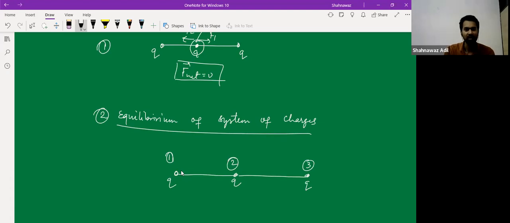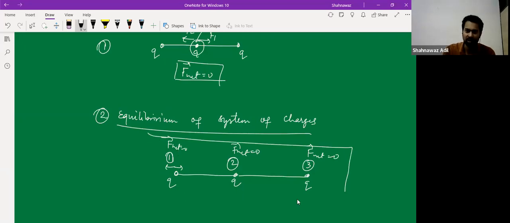Whenever F net is zero here, and F net is also zero here, and F net is also zero here, right? Then the system of charges will be called to be in equilibrium.